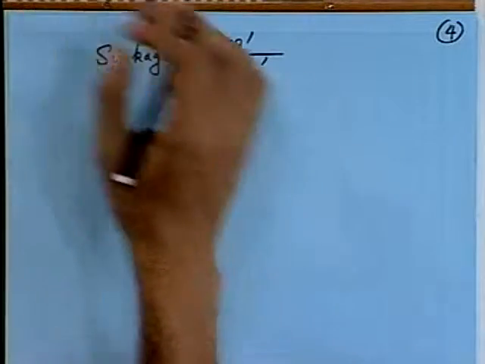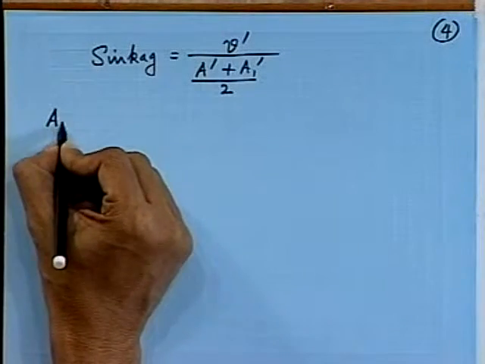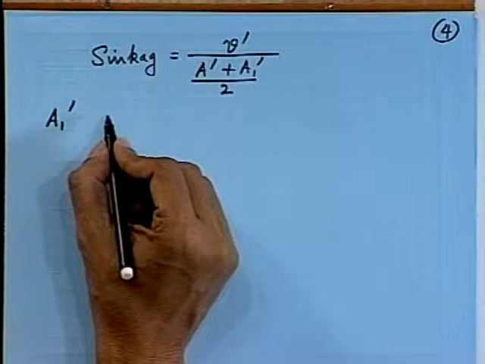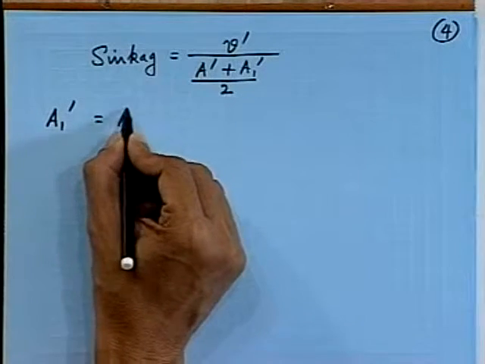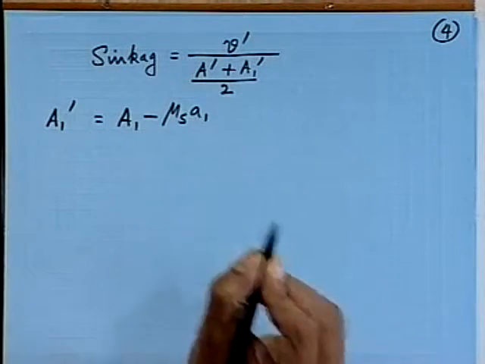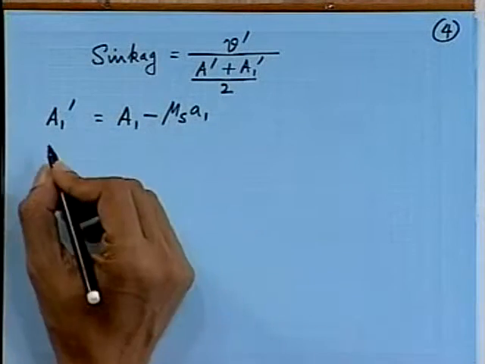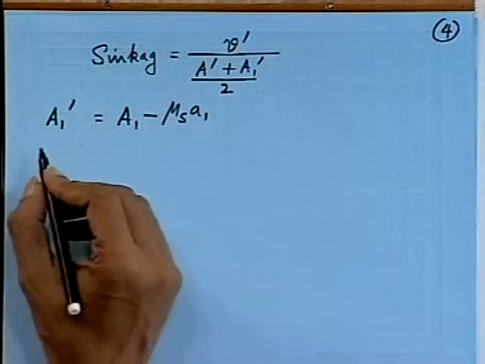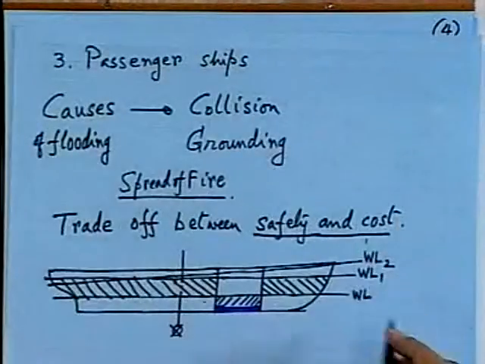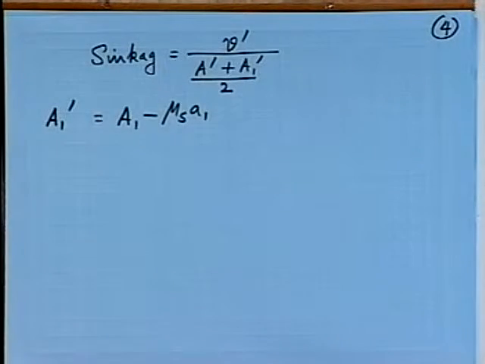So, one can write A1 prime is equal to A1 minus mu s A1. This subscript 1 always refers to waterline 1. So, that is after the parallel sinkage, the waterline W1 is referred to as 1.